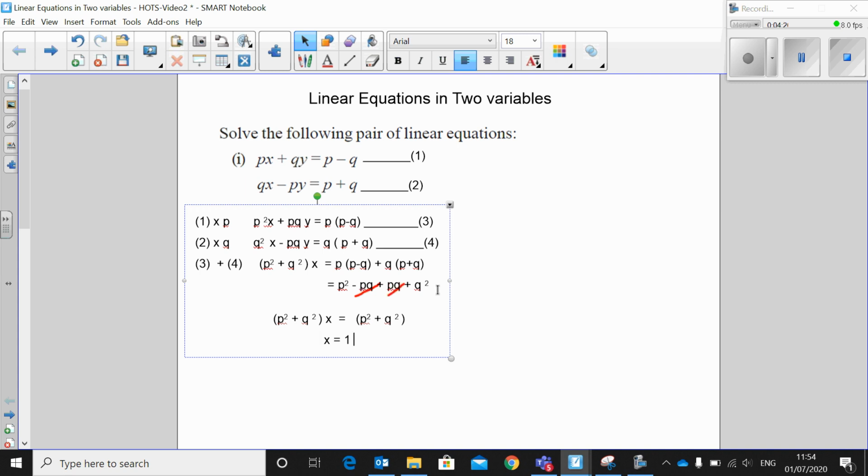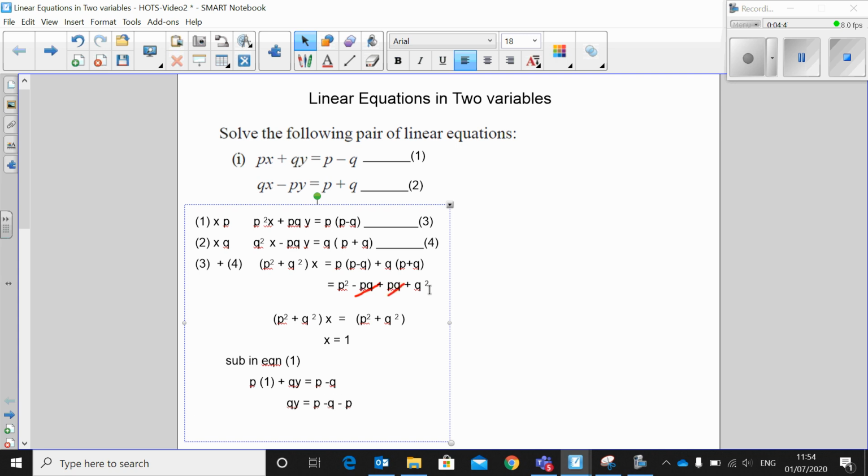So we got the value of x. Now let us substitute the x value in any one of these equations. I am going to substitute in equation 1. That gives us p into 1 plus qy, which is equal to p minus q. So qy is equal to p minus q minus p.